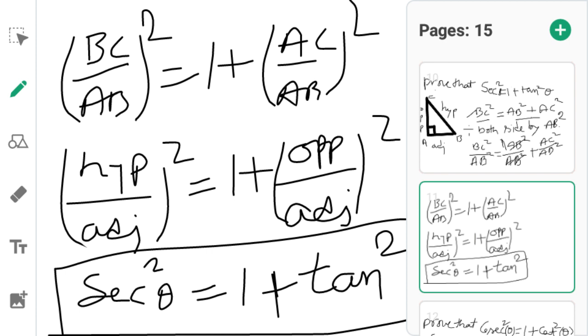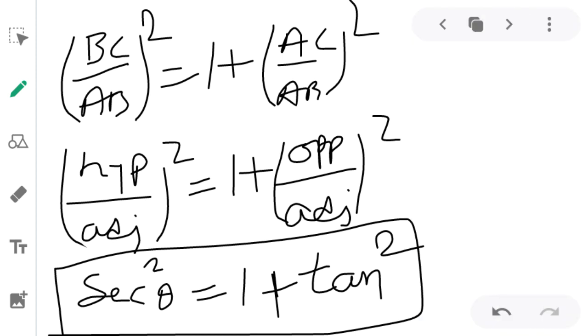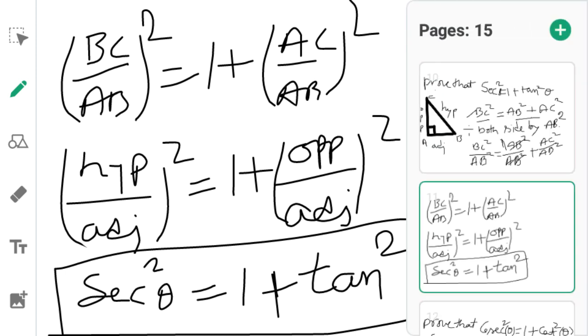It comes hypotenuse divided by adjacent, which means the ratio number 5, that is secant square theta, equals 1 plus opposite by adjacent, which means the ratio number 6, tan square theta. Hence we have proved that the relation between secant theta and tan theta is correct.